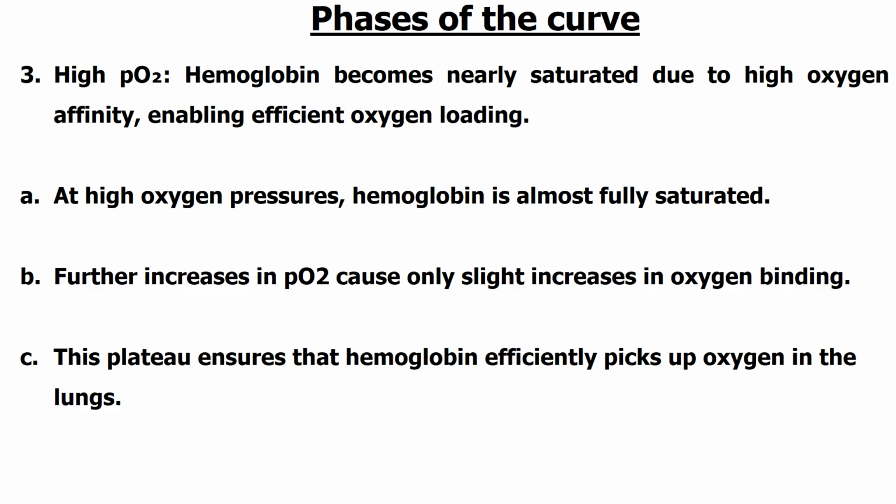At high partial pressure of oxygen, hemoglobin becomes nearly saturated due to high oxygen affinity, enabling efficient oxygen loading. That is, at high oxygen pressures, hemoglobin is almost fully saturated. Further increases in partial pressure of oxygen can cause only slight increases in oxygen binding. This plateau ensures that hemoglobin efficiently picks up oxygen in the lungs.